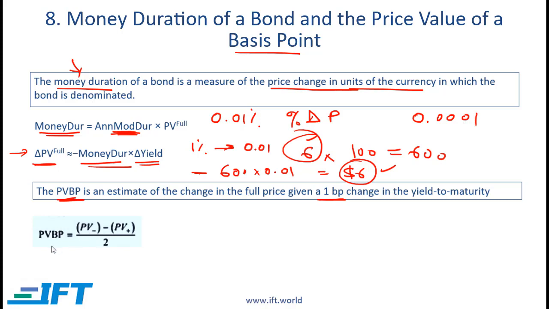The other is to use this formula where the price value of a basis point is equal to the value of the bond if interest rates go down by 1 basis point, minus the value of the bond if interest rates go up by a basis point, divided by 2.